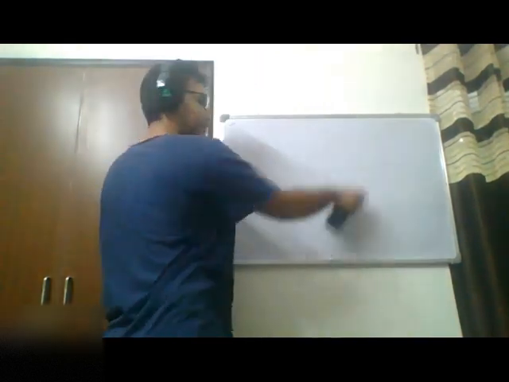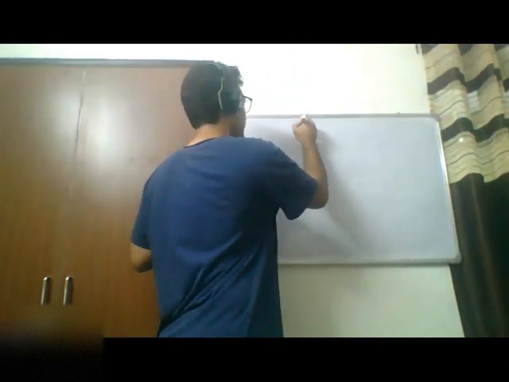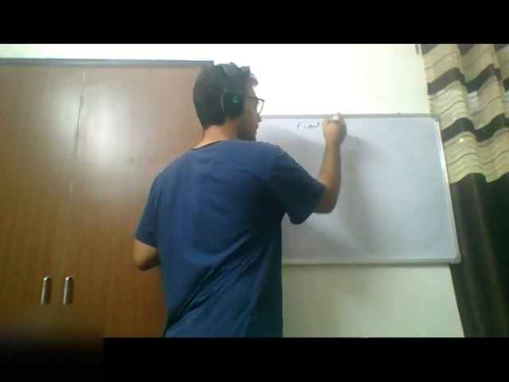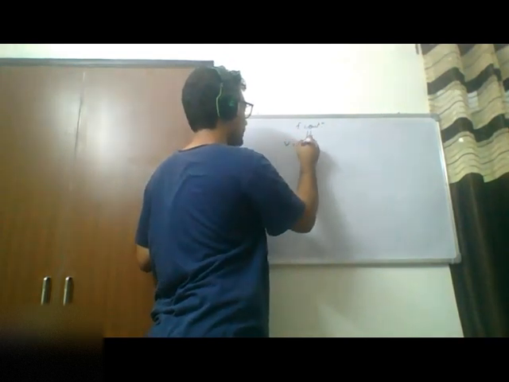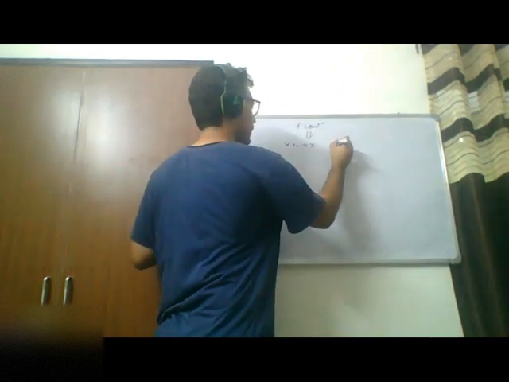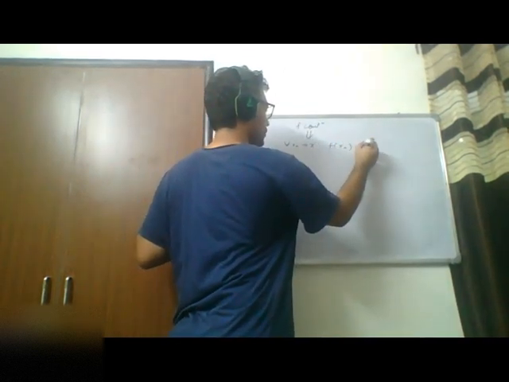Okay. Now let's prove the function continuity. So f is continuous implies for all sequences converging to x, f of xn converges to f of x.